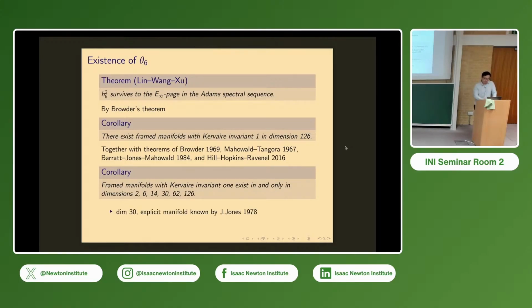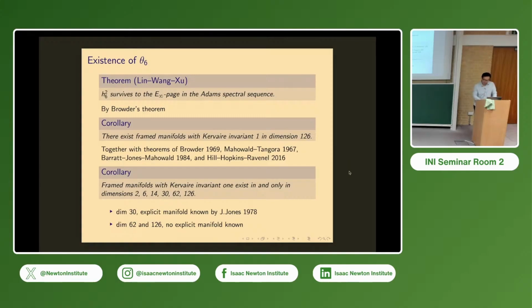In dimension 30, we do know an explicit manifold by John Jones in the 70s, but in dimensions 62 and 126, the arguments are homotopy theoretical, so we still do not know any explicit manifold in these two dimensions, although half of the manifolds in these dimensions are supposed to have Kervaire invariant 1. That's something we should be able to figure out, hopefully soon.